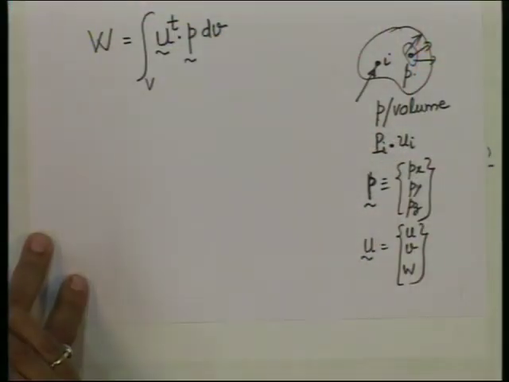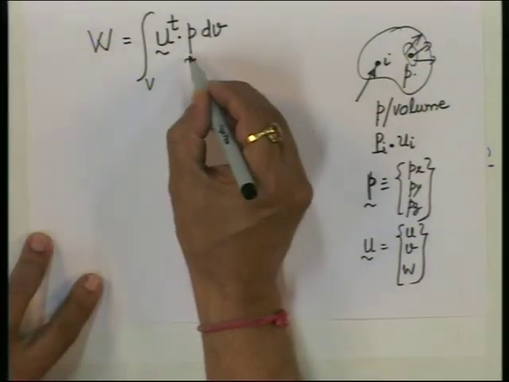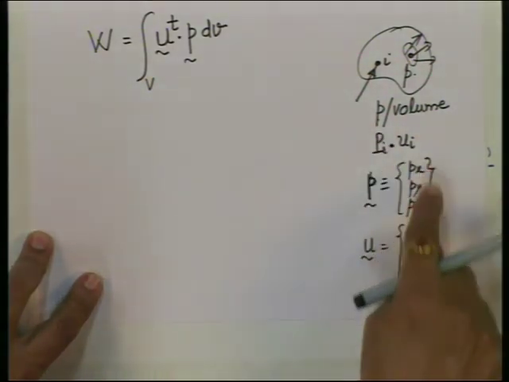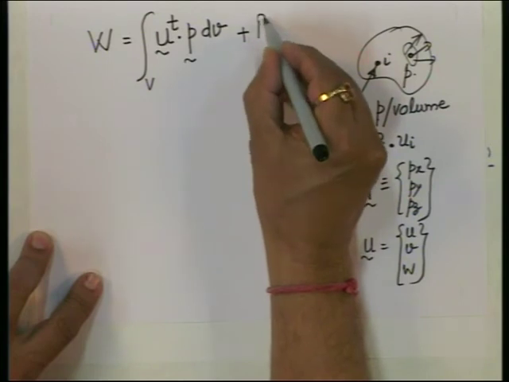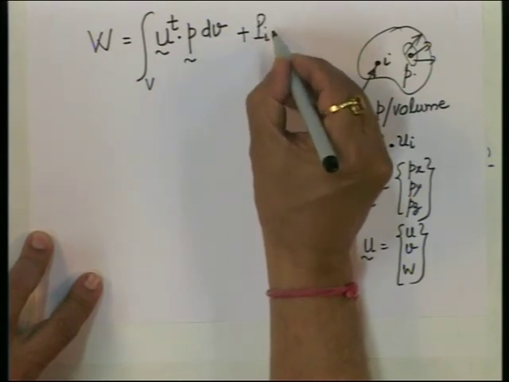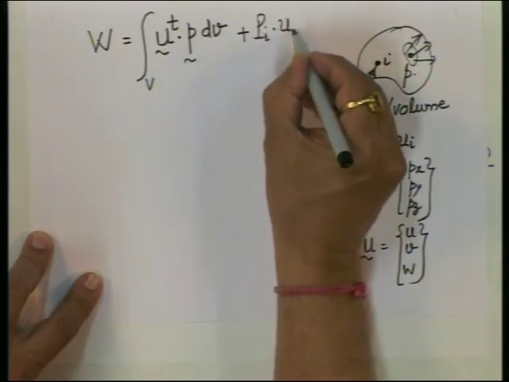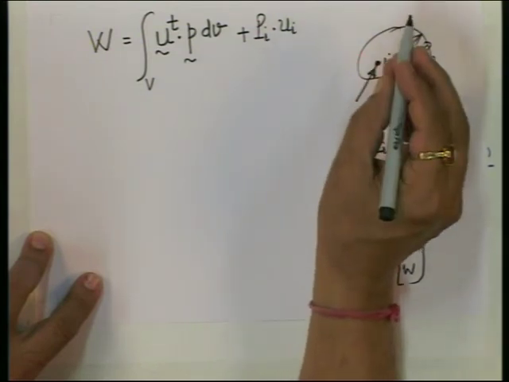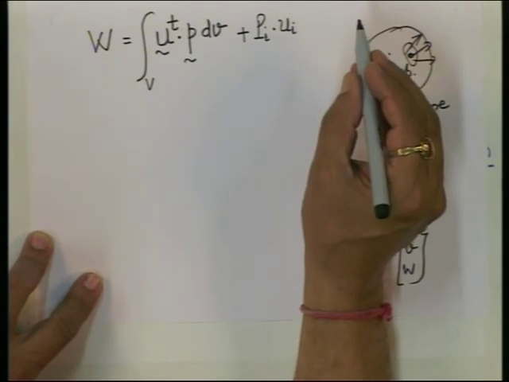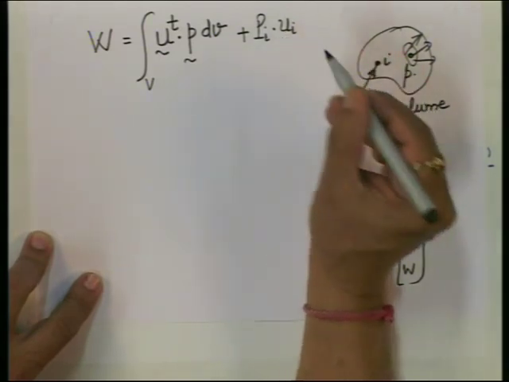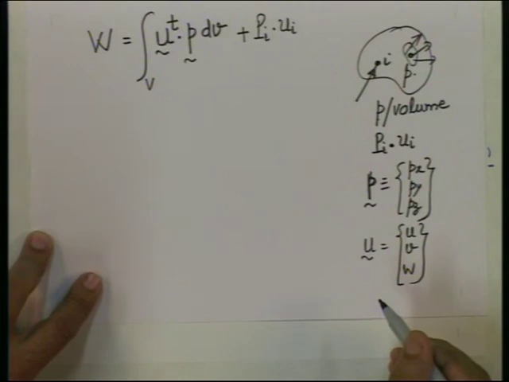So, this is the expression for strain work done by distributed load. This is a body force, P, which is a function of volume, plus P_i U_i, the nodal vector.